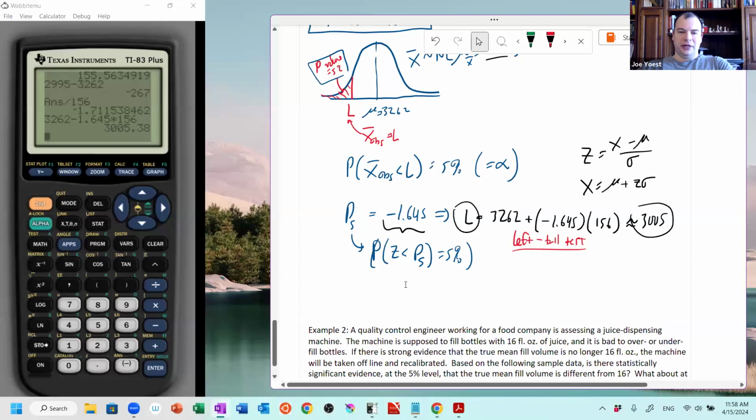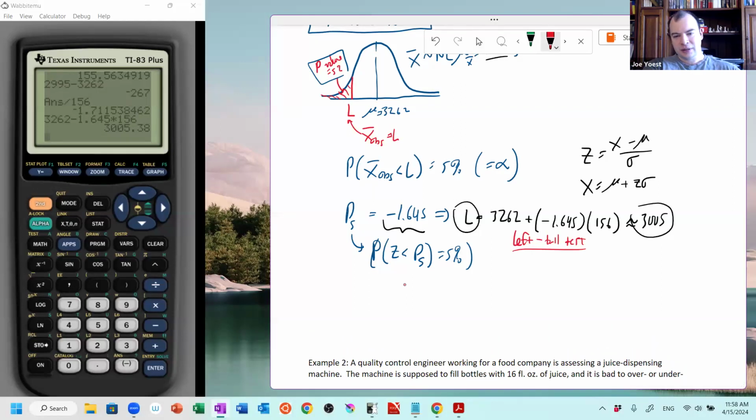So what's my decision criterion here? If X bar observed is to the left of 3005, we reject H naught in favor of H1. Otherwise, if X bar observed is bigger than or equal to 3005, do not reject.